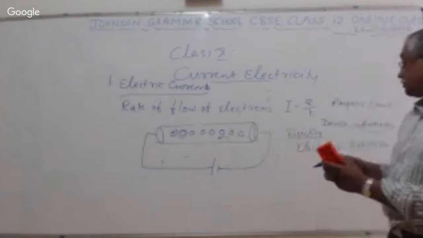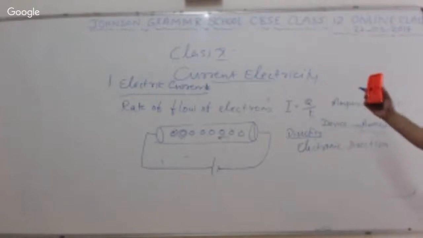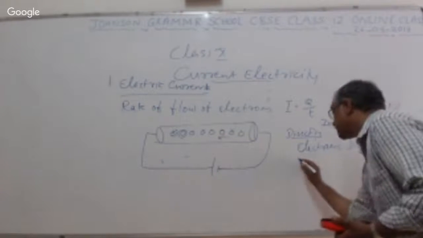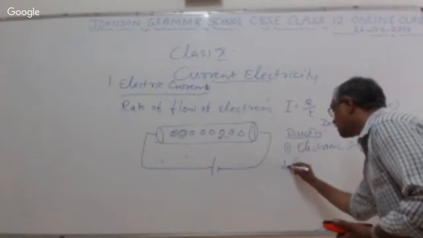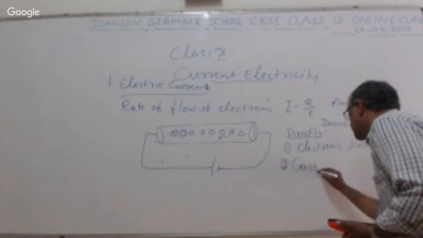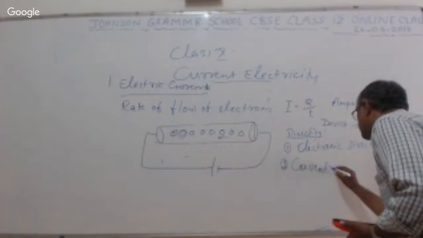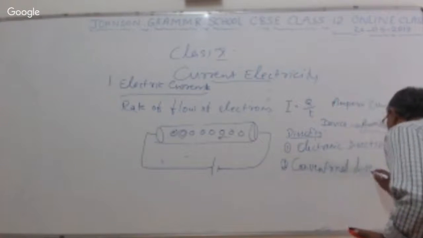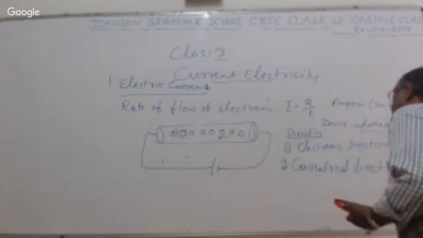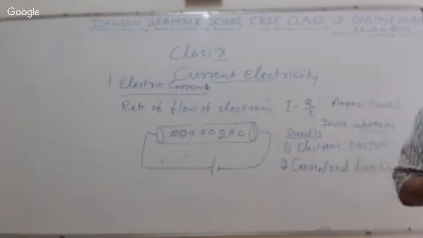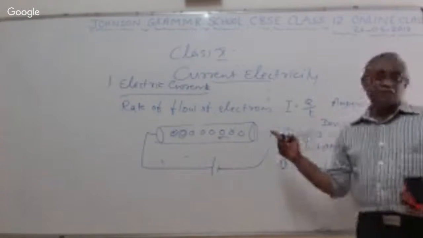But there is another direction, which we call the conventional direction. This direction is opposite to the flow of electrons, or we can say it is in the direction of positive charge.